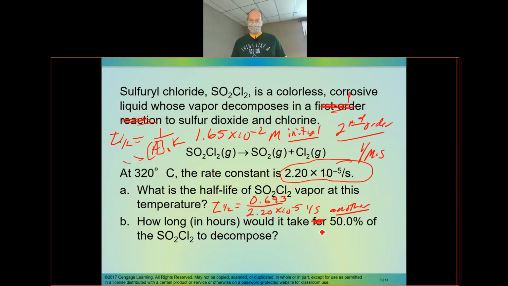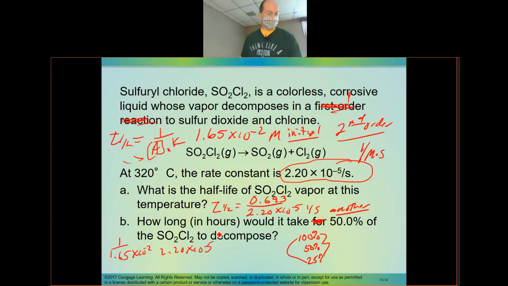Now that I have my initial concentration and I'm using the same number for K, but with the new units for second order, I want to know how long it takes to go from 100% down to 50%, and then from 100% down to 25%. And so you take 1 over the 1.65 times 10 to the minus 2 and your 2.20 times 10 to the minus 5.